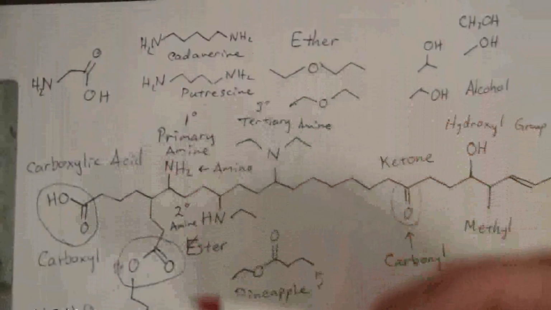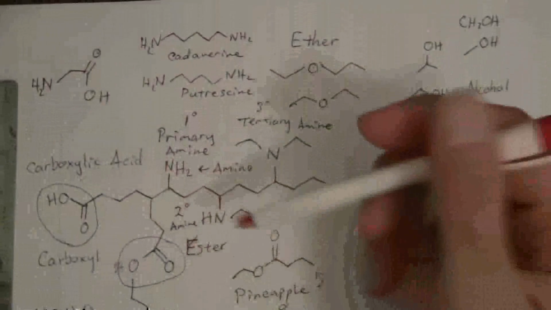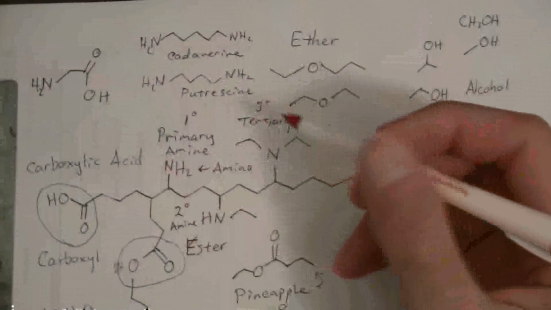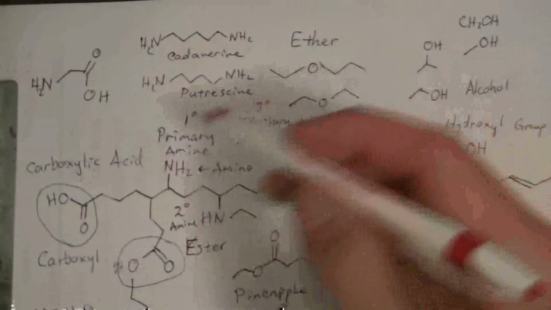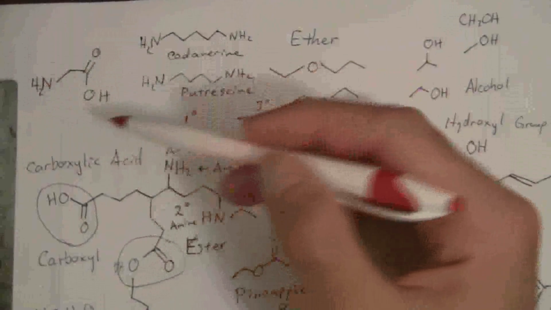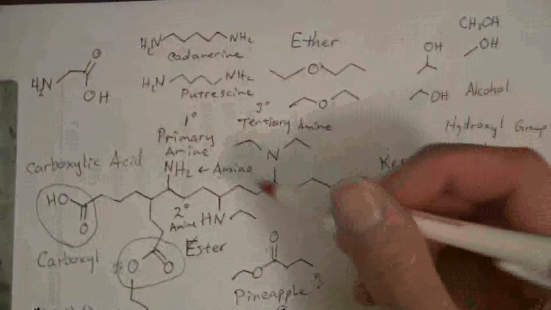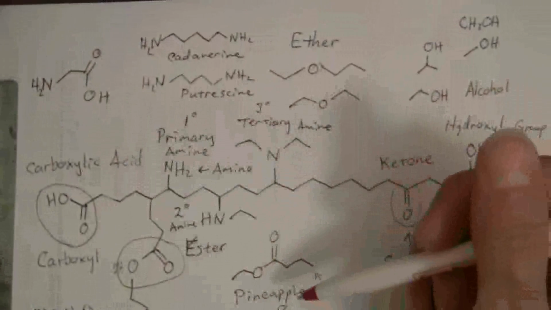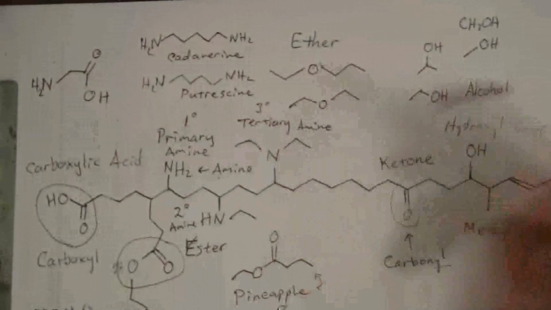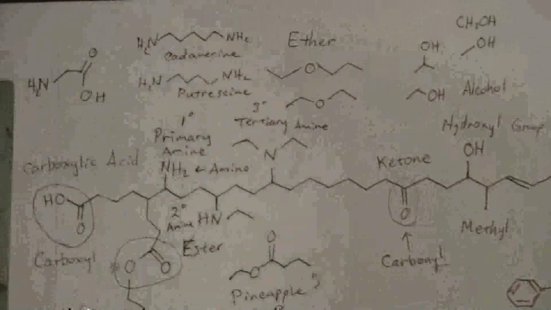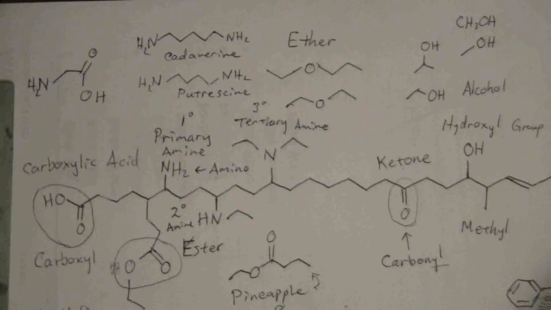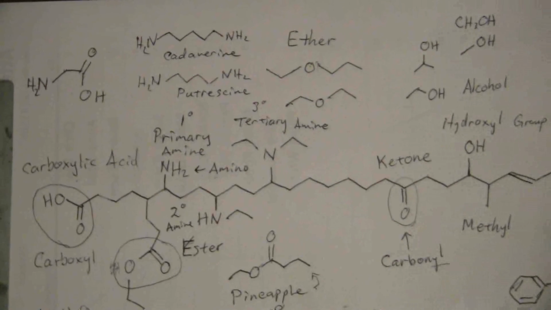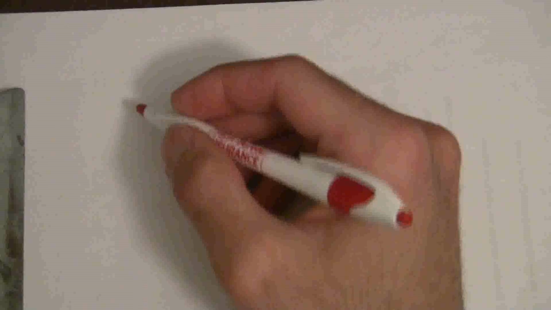Okay, so a lot of the names of things that we hear about on a regular basis come from the actual chemistry and oftentimes the functional groups of those molecules. Alright, now I am about out of space on this page, so I'm going to clear the page and let's kind of do a little recap.